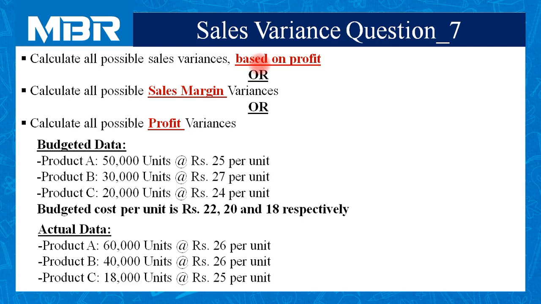It means we need to calculate all variances based on the figure of profit only. Calculate all possible sales margin variances, that we know better what to do, and calculate all possible profit variances. So for this question, we have to calculate all the variances based on profit.